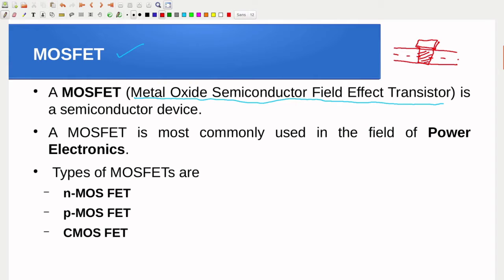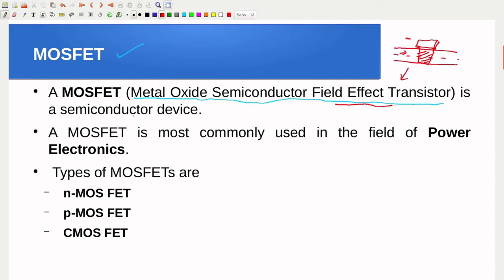By adjusting the tap, you are controlling the water flow. Field effect transistors are of this type, and the metal oxide semiconductor field effect transistor is such a semiconductor device where the current flow is being controlled by the voltage applied at the third node.